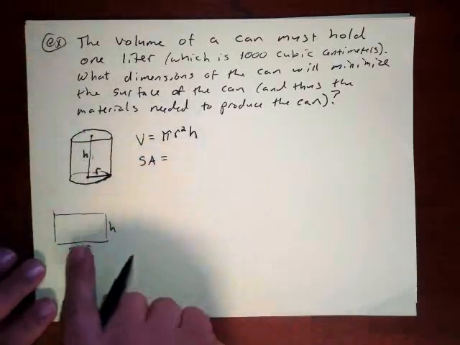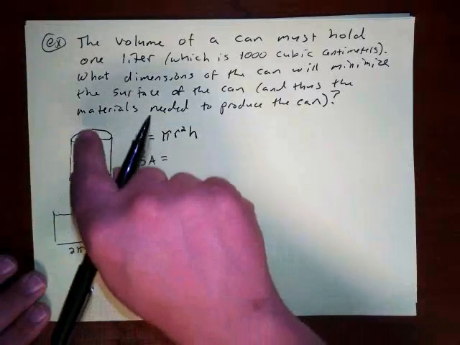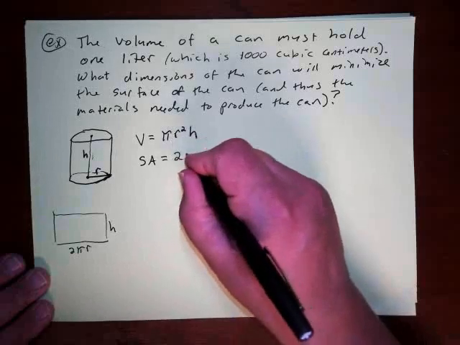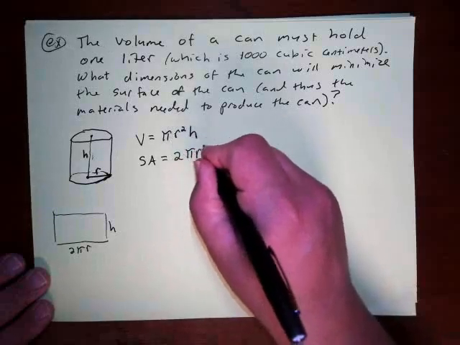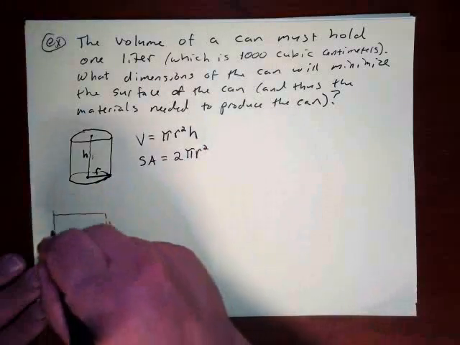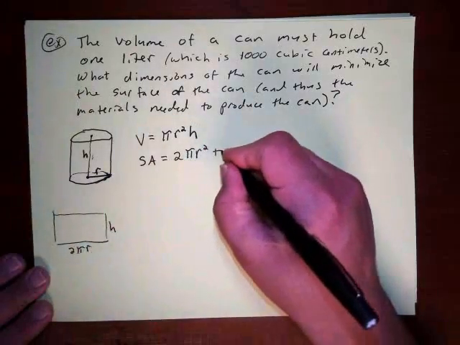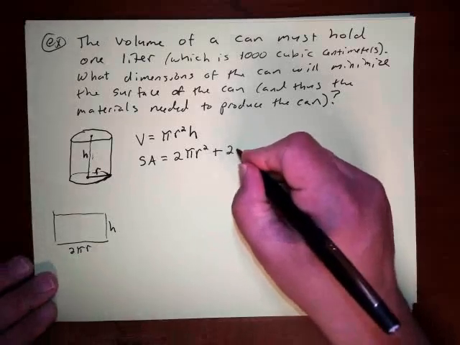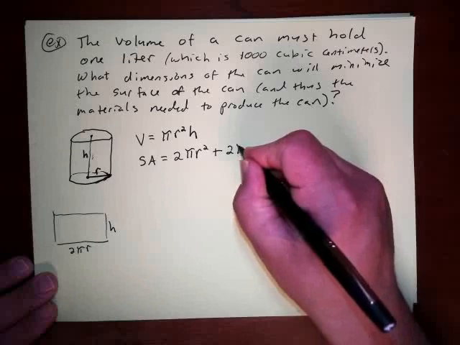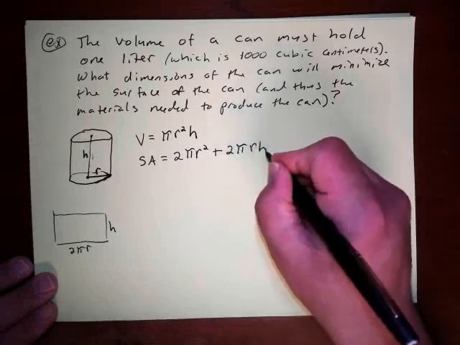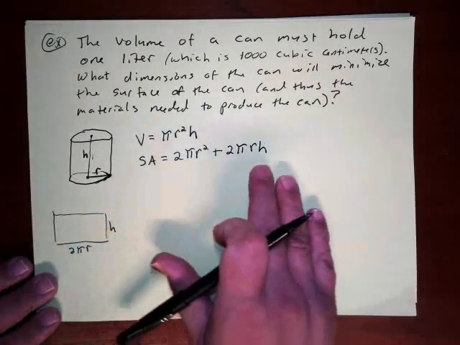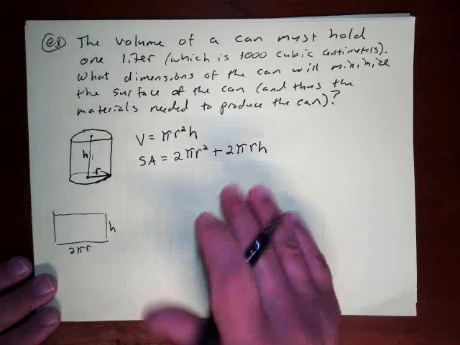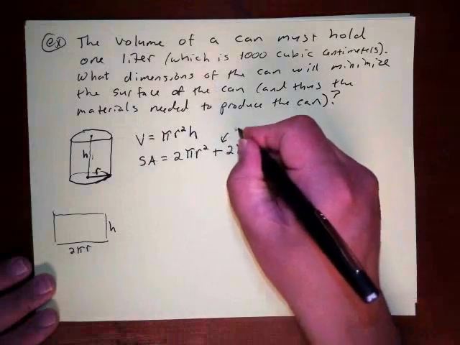The area of a circle is pi r squared, so two of those gives 2 pi r squared, plus the area of the rectangle, 2 pi r times h. So SA equals 2 pi r squared plus 2 pi r h. This is the surface area of the can, and this is what we want to minimize.